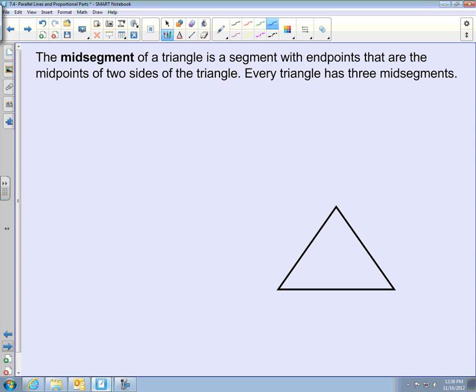All right. Let's introduce midsegment. The midsegment of a triangle is a segment with endpoints that are the midpoints of two sides of the triangle. Every triangle has 3 midsegments. So we saw midsegments with isosceles trapezoids, where if we have these midpoints, this becomes our midsegment. So that means that these two sides will be congruent and this side will be congruent.